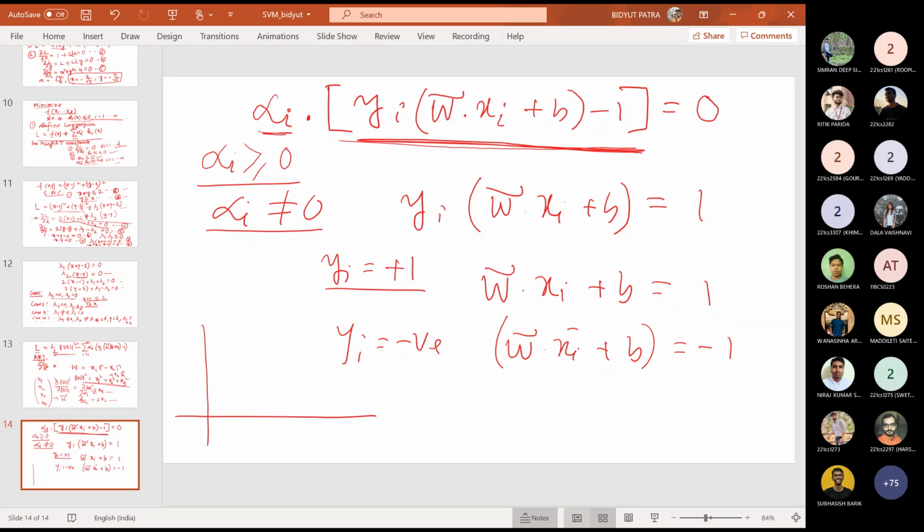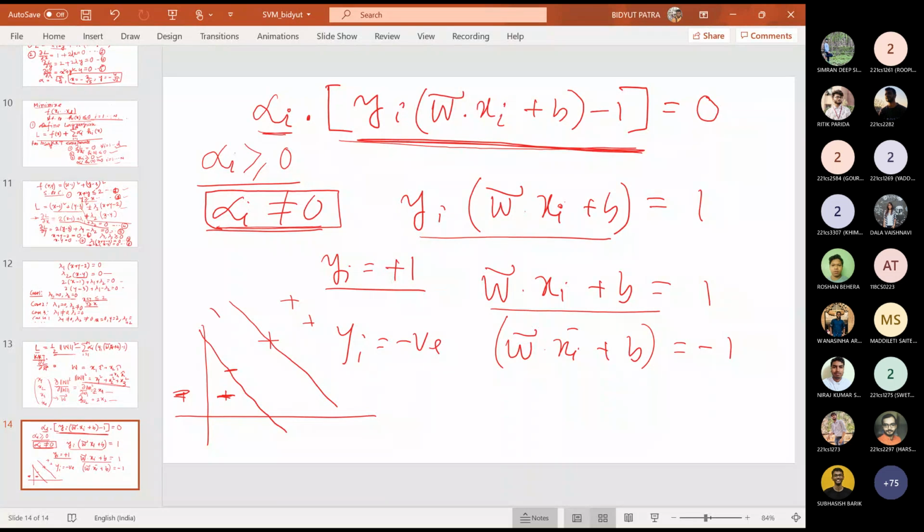If you have the old picture here, this is minus, this is plus, with samples somewhere minus and plus. If alpha i, my Lagrangian multiplier, is not equal to 0, then the instance xi has this value equal to 1, for a positive sample. In between we had the decision line, w into xi plus b equal to 0. This is plus 1, this is minus 1.